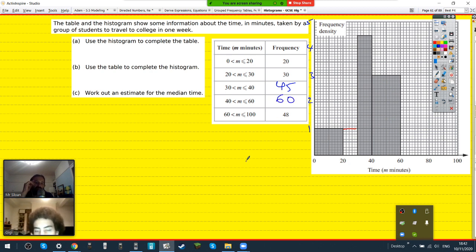Okay, estimate the median. It would be 20 plus 30 plus 45 plus 60 plus 48. It'll be 102.